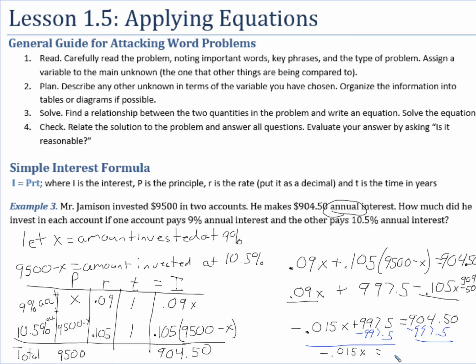we get negative 93, because 5 minus 5 is 0, yeah, negative 93. And then we would divide both sides by negative 0.015.